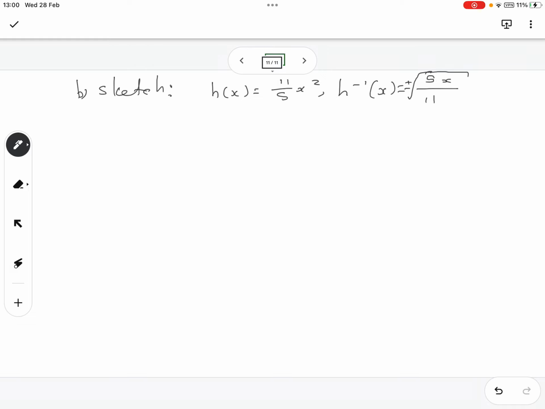Then we're going to do points. Let's have x, h of x, h inverse of x equals positive square root of 5x over 11, and h inverse of x equals negative square root of 5x over 11.